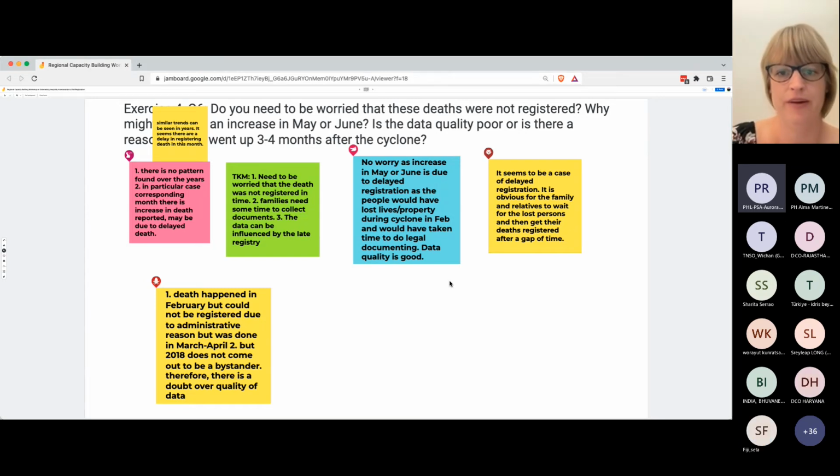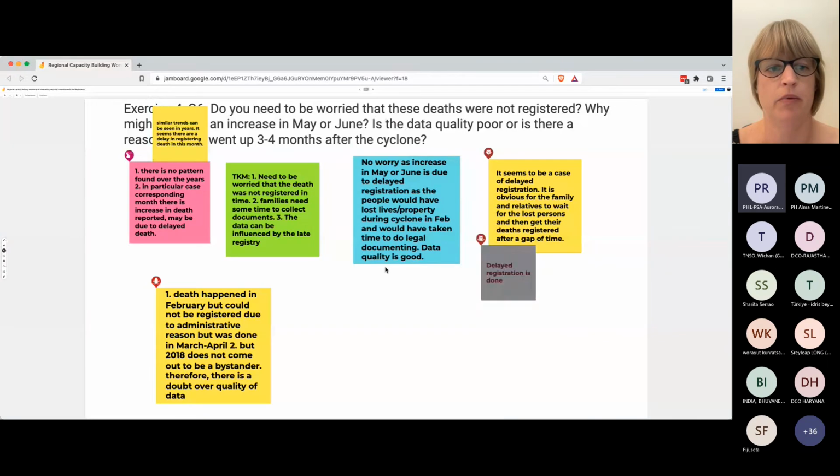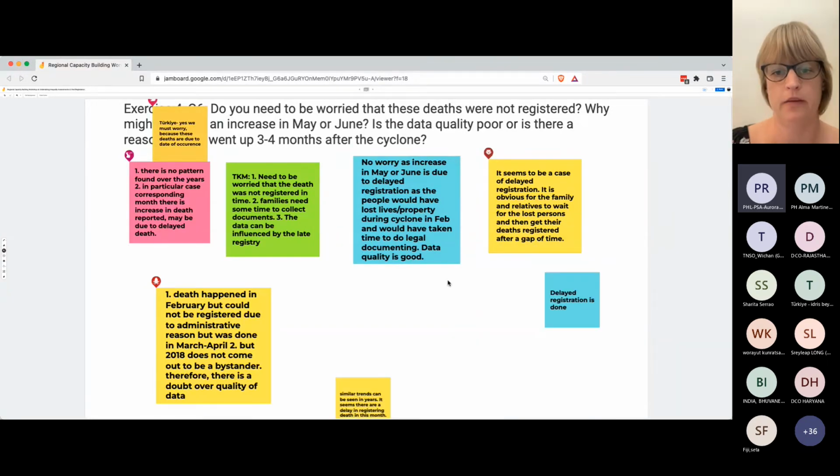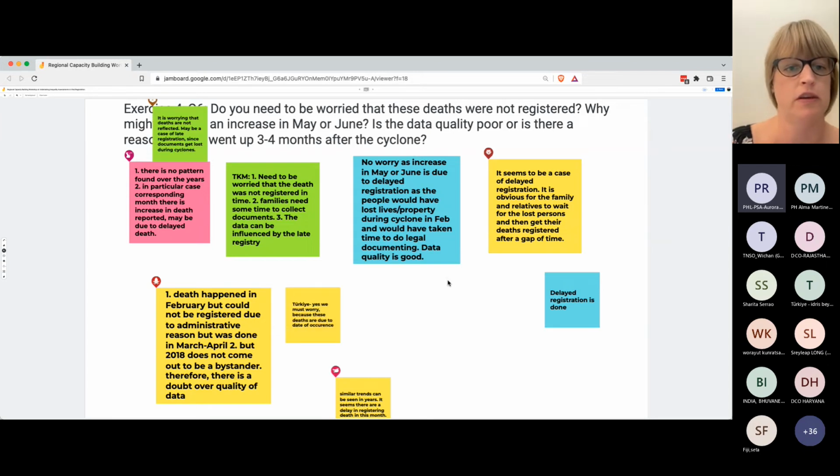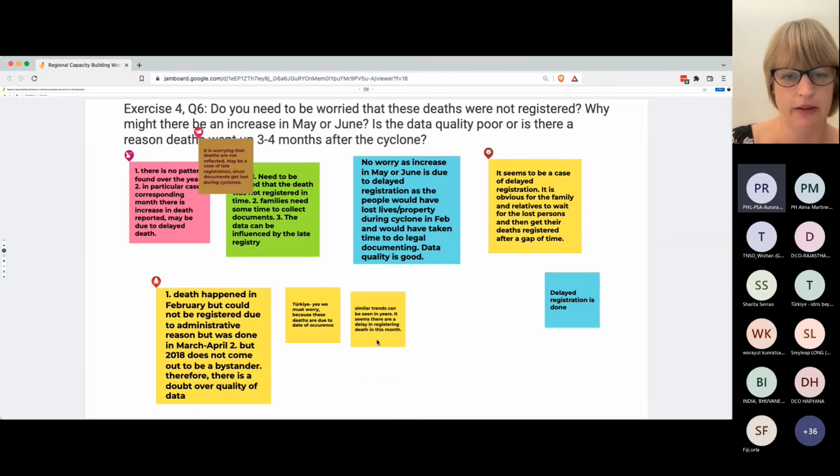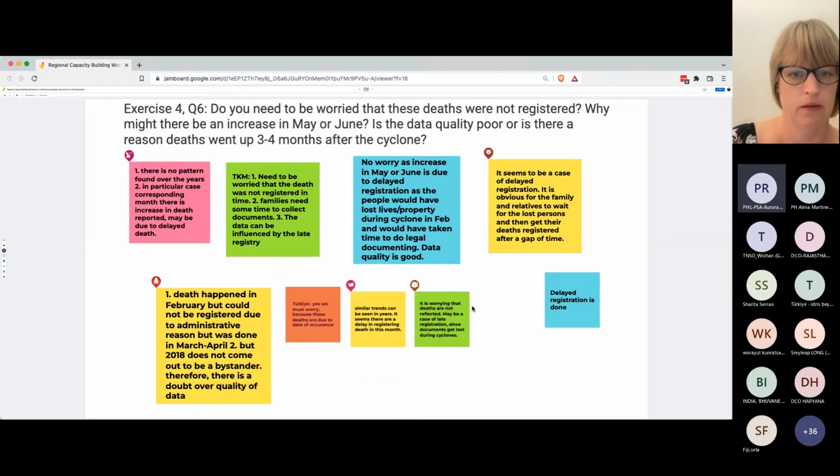Okay, so I see a lot of people are talking about delayed registration. When there's a cyclone, yes, a lot of times the infrastructure is damaged, or maybe you lose your documentation, or you're not able to register the death. Let's see, what else are we seeing here?